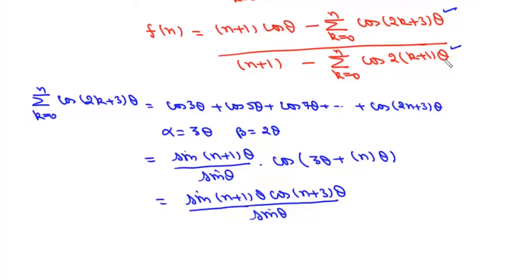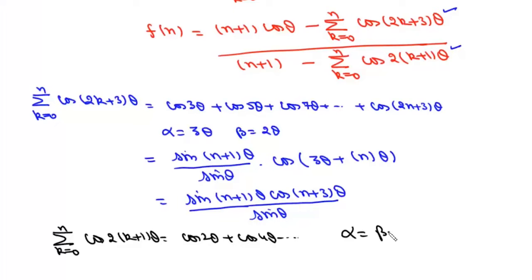And if we look at this second series, summation k varies from 0 to n of cos(2k plus 1)theta, or rather cos 2 theta plus cos 4 theta and so on. In this case, alpha equals beta equals 2 theta, the number of terms is n plus 1 and again angles are in AP.